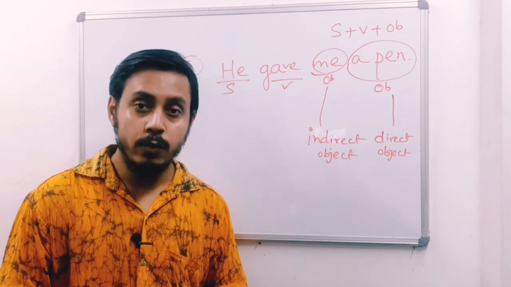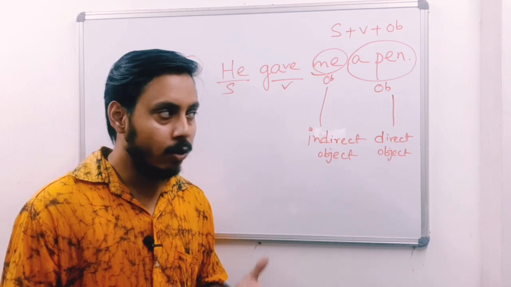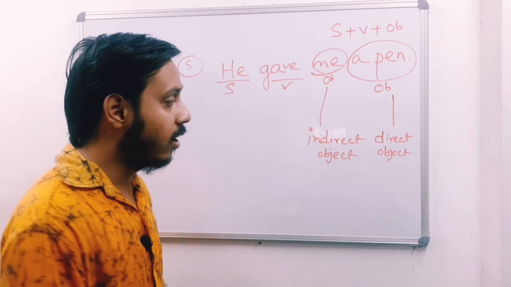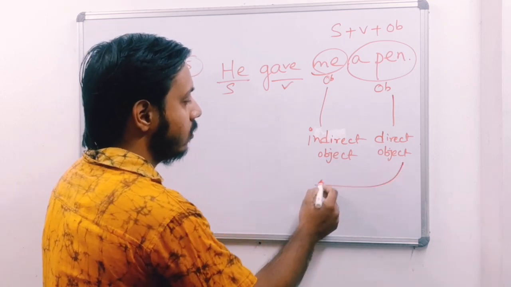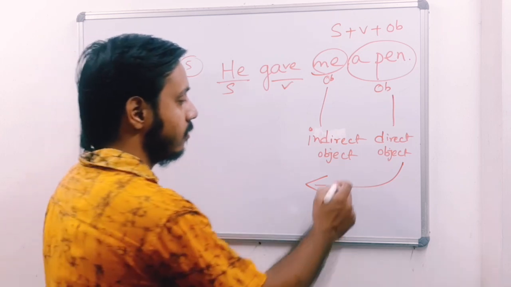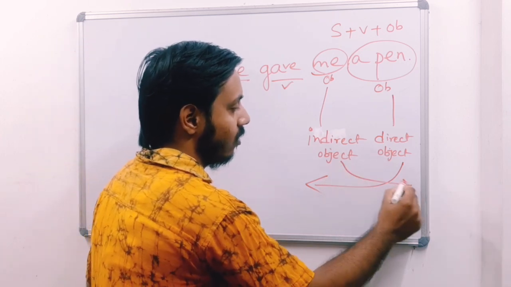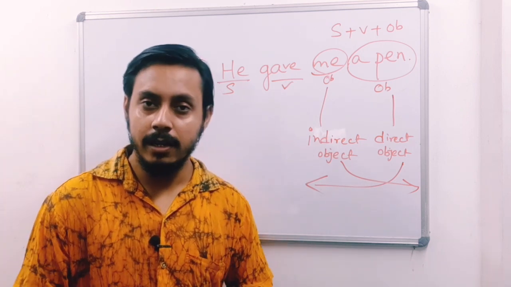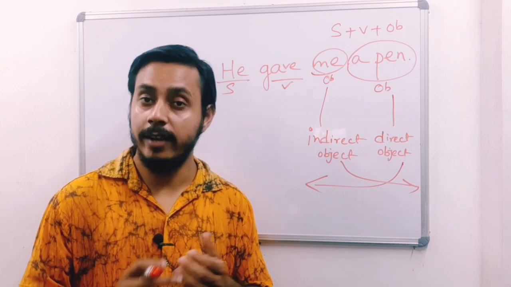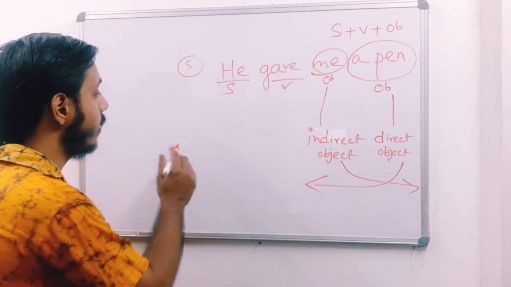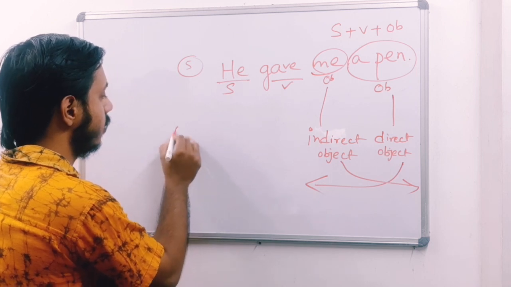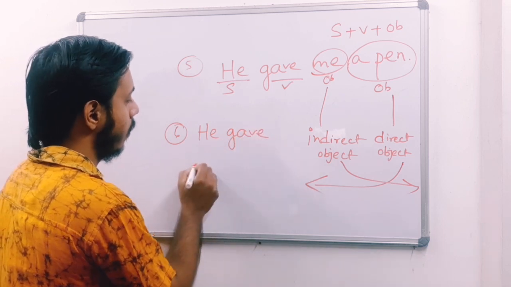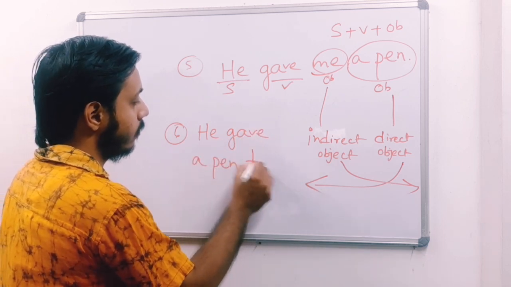Now you can also change this order. You can exchange the direct and indirect objects, in the sense you can put the direct object here and transfer the indirect object here. Let me show you how. Although the meaning will remain the same, we can exchange. We can write it this way. Number 6, he gave a pen to me.